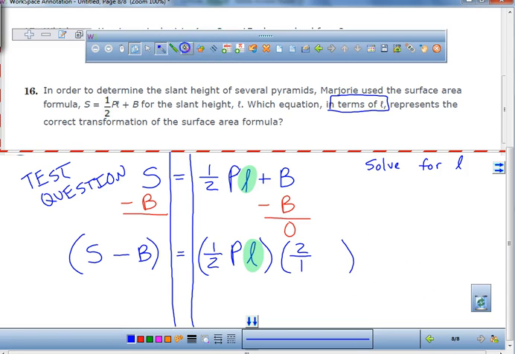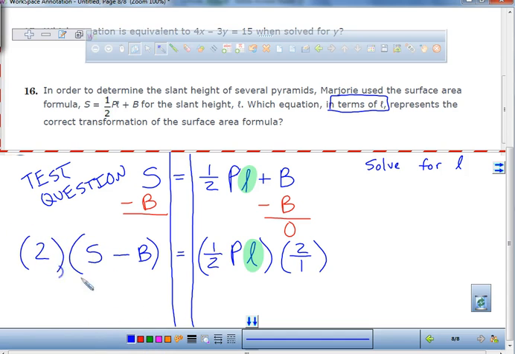Just multiply both sides by 2 over 1. What happens? Oh, I got to put 2 over here. Why couldn't we do it by 2 though? It is 2 over 1. Yeah, it's the same. So I just want you to know 2 over 1 is the same as the number 2. Okay? So this, I'll do it in red so you'll see it. So this half cancels out this 2 over 1.